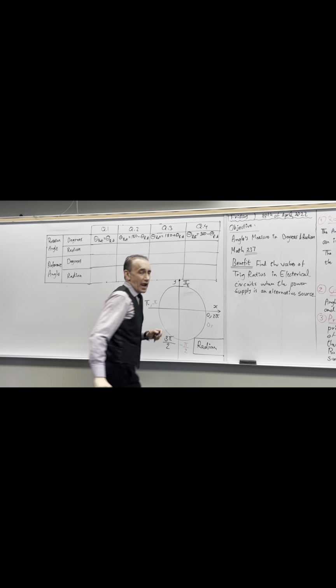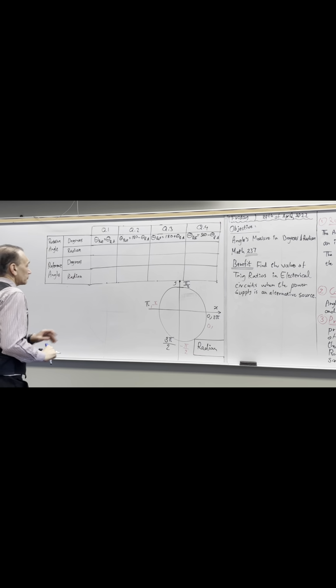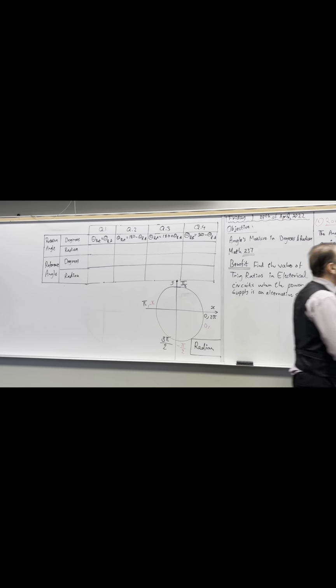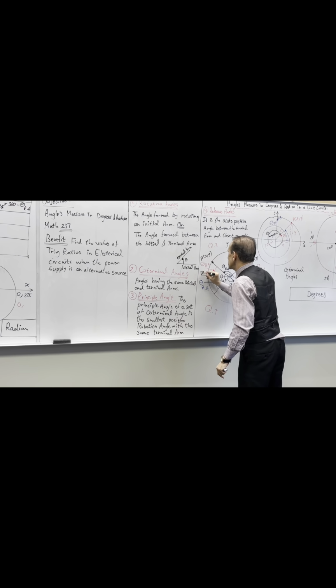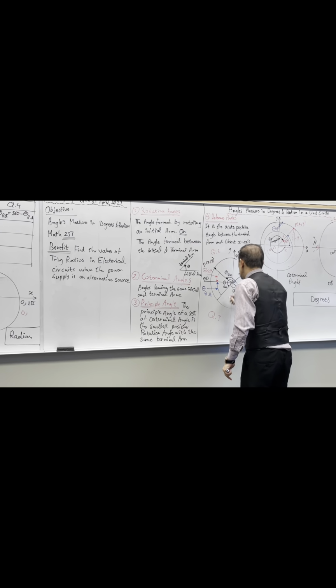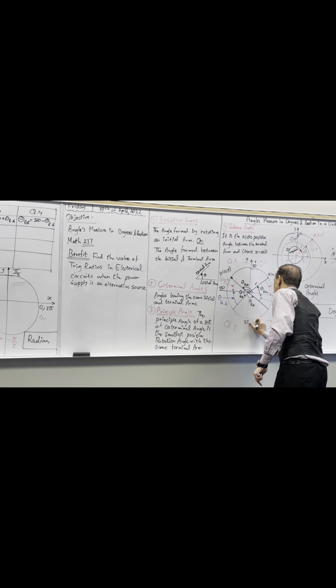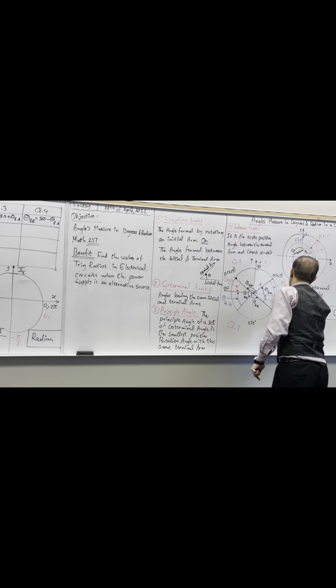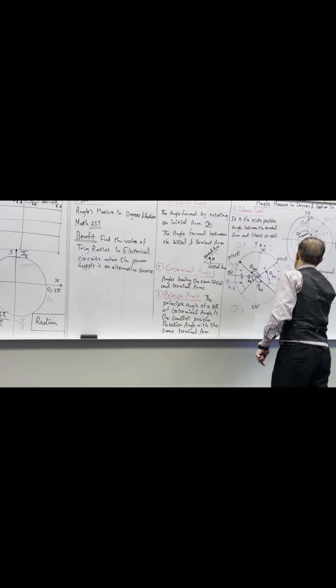You may ask me why. Because in the second quadrant, here is 180 degrees. Of course, this is 90, this is 270 degrees, and the part here is going to be 360 degrees.